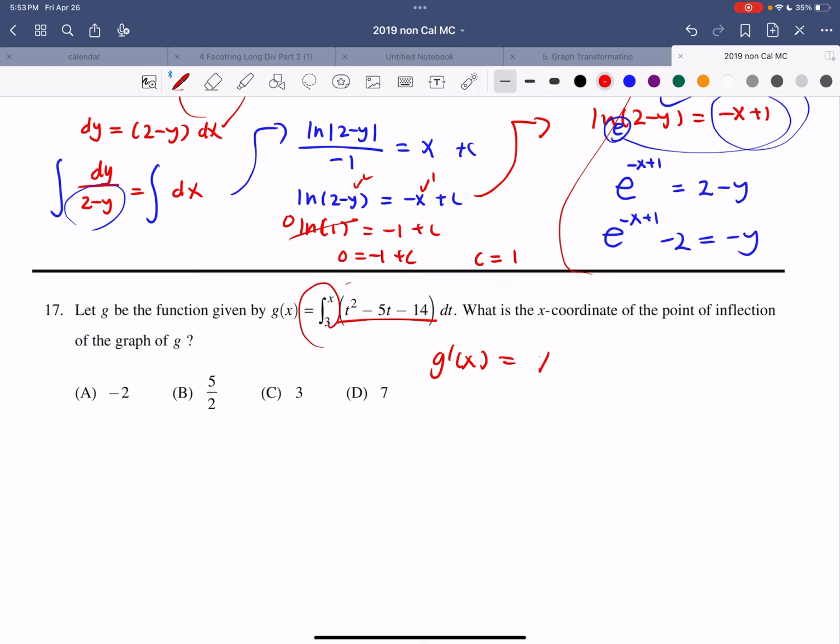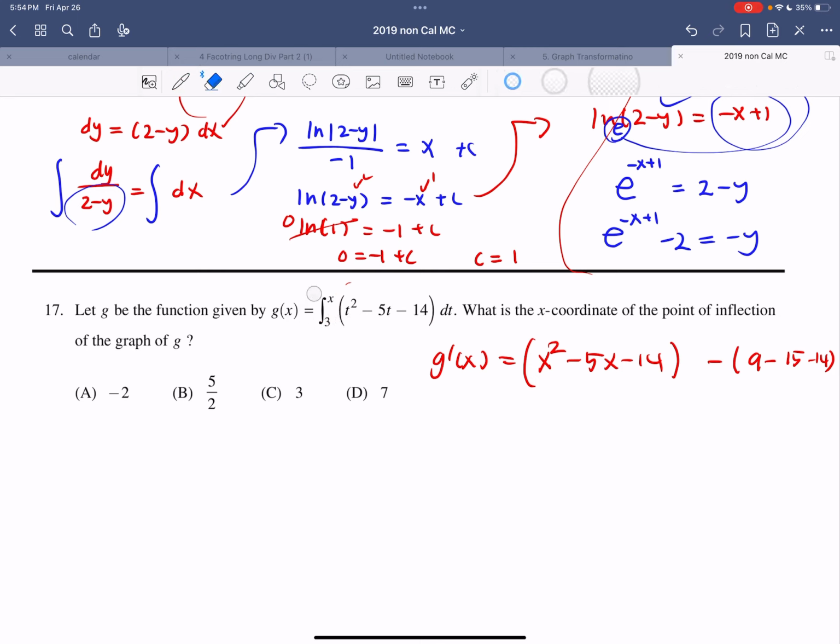So it's going to be x squared minus 5x minus 14 minus, you plug in 3 here, so it's 9 minus 3 times 5 is 15 minus 14. So that's what the first derivative is.